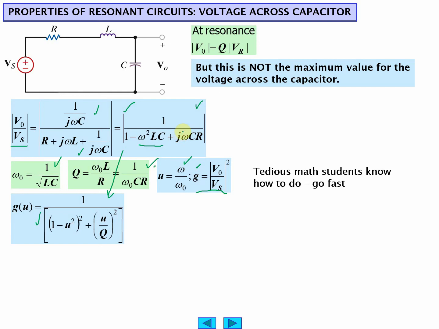For the imaginary part, they have to do this. They use the Q expression. u over Q gives you the magnitude of this, omega CR. u is omega over omega naught, and then the CR, 1 over Q, the CR comes out to the top.